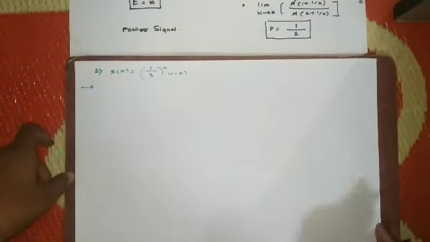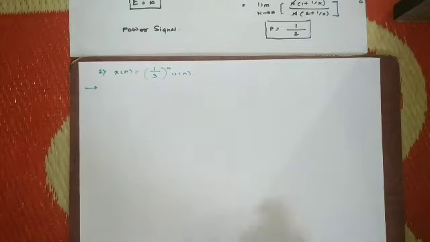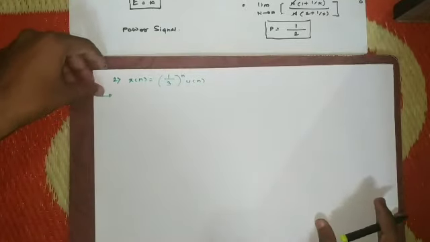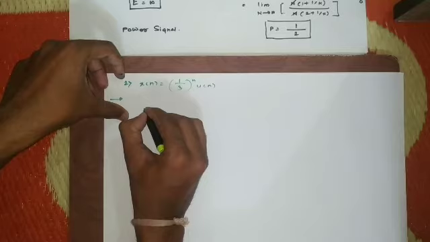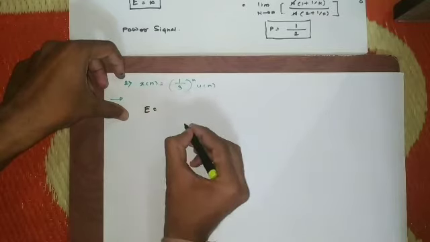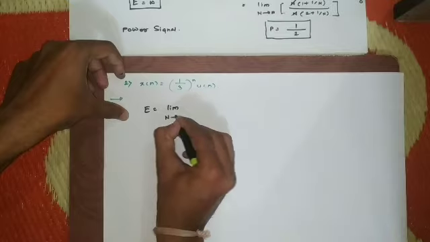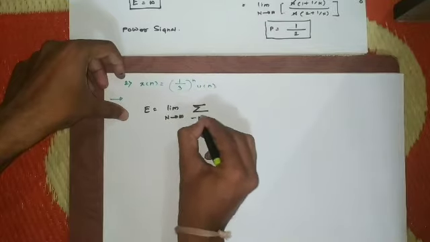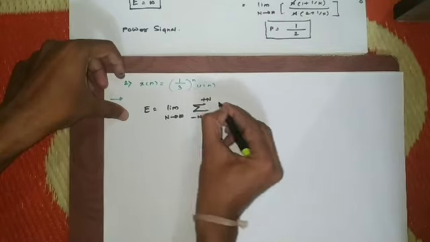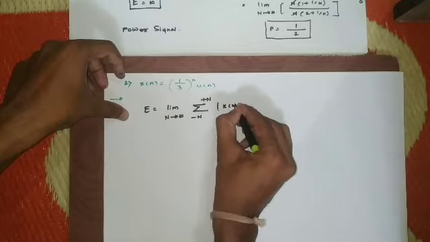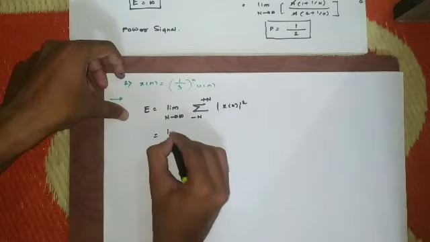Now let us come to the second example, x of n as 1 upon 3 raised to n into u of n. Let us put those values again. Energy is equal to limit n tends to infinity, the summation from minus n to plus n of mod x of n square, which we can replace.